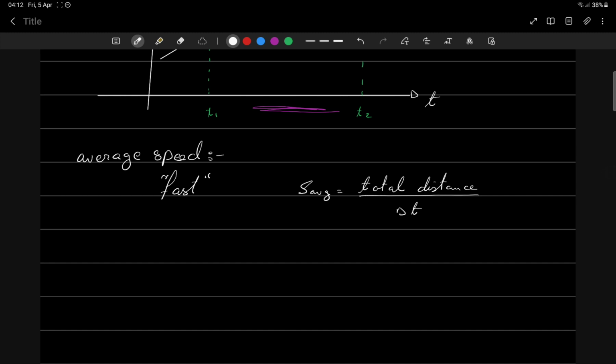Now, because average speed does not include direction, average speed is always positive. Average speed can never be negative.